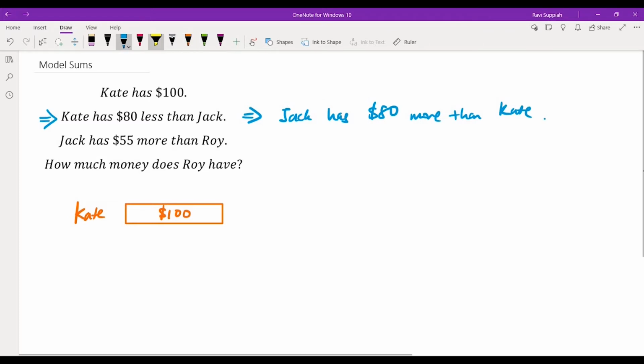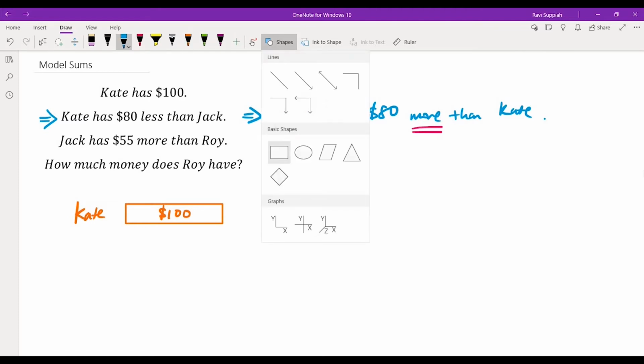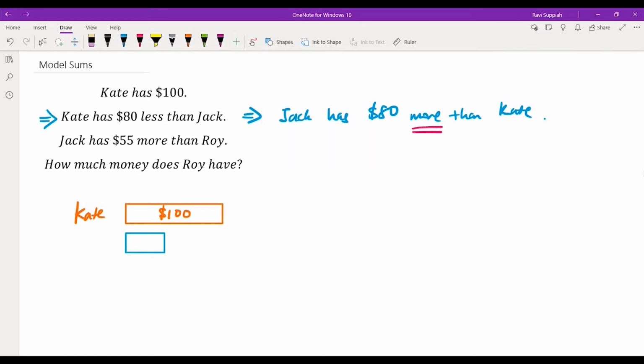Alright, so if you have looked at my other videos, you understand that whenever you see the word more, we are supposed to replicate the information or the amount that we already have and then add $80 to that amount. Okay, so for Jack, we need to first draw a box that represents the same amount that Kate has.